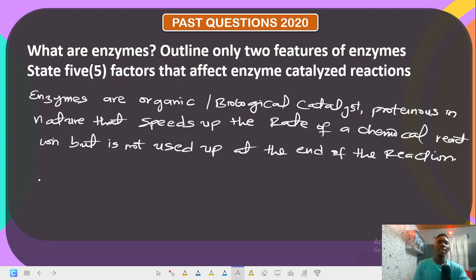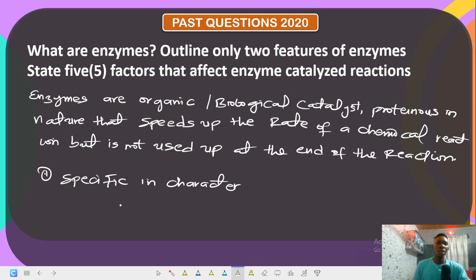Now, I said outline any two features of enzymes. One of the features of enzymes is that they are very specific in character or catalysis. That means a particular enzyme is specific for, let's say, a particular reaction. Is that understood? They are specific in character.